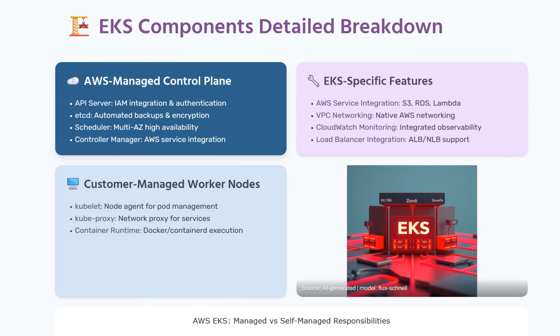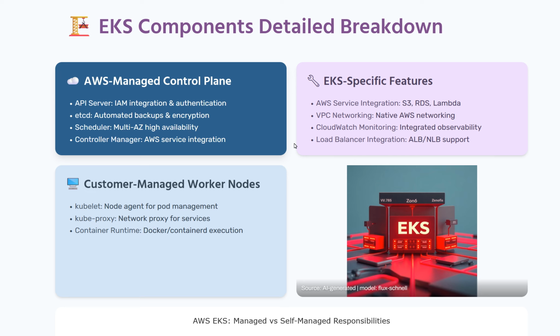All right, EKS component detailed breakdown. So what do you have, right? We spoke about pods, we spoke about containers, and then the AWS managed control plane, where the orchestration and deployment everything is handled. The API server, application programming interface server, handles IAM integration and authentication. etcd handles automated backup and encryption.